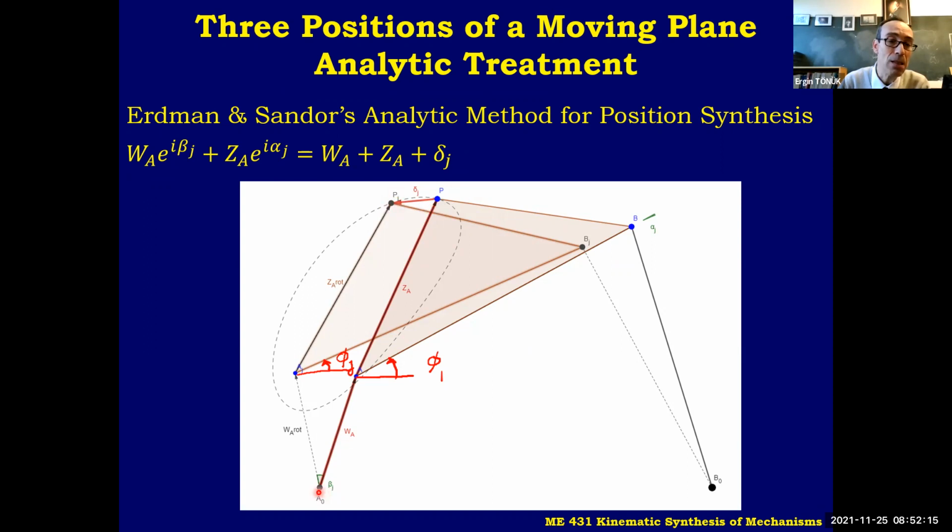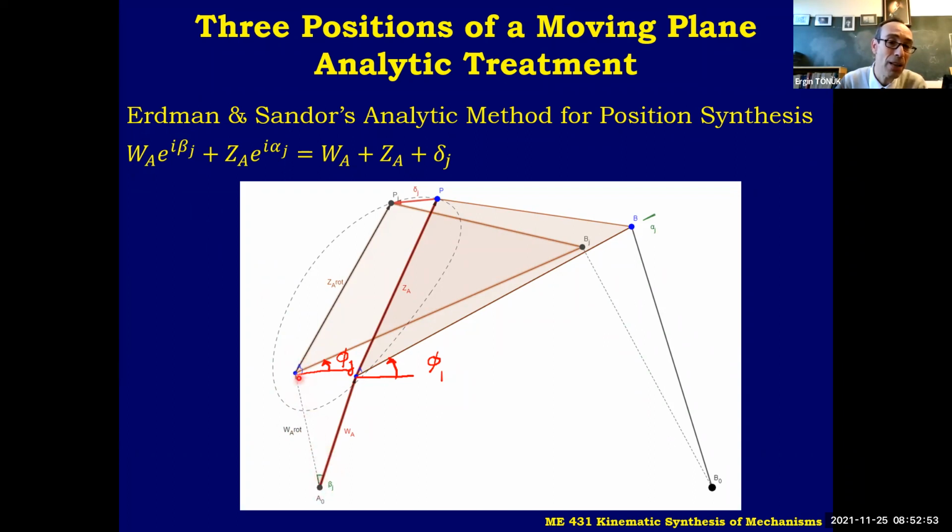So what happens is this crank rotates by an amount beta j, which might be an unknown or which might be something specified depending on the design problem we have, but it's going to rotate by an amount beta j. So WA in the rotated position, I'm sorry, I can't name it this way in GeoGebra, that's why I call it WA rotated, but it becomes WA e to the i beta j because I'm rotating it by an amount beta j.